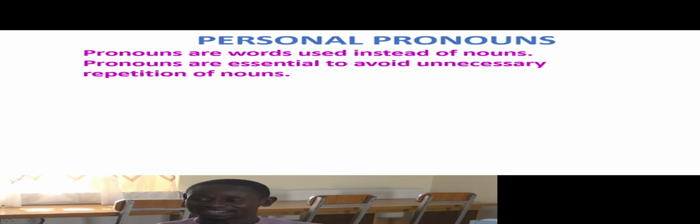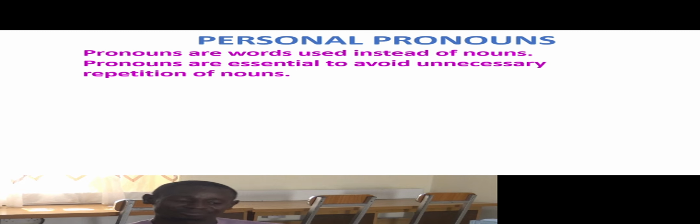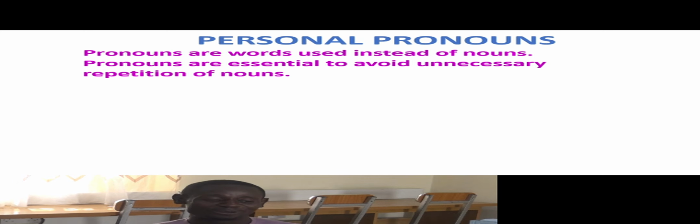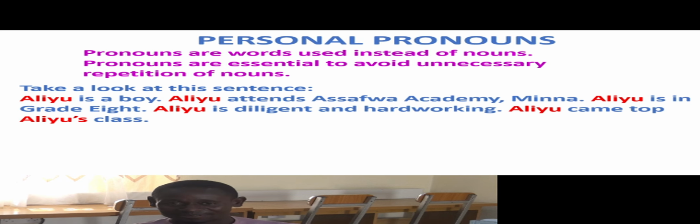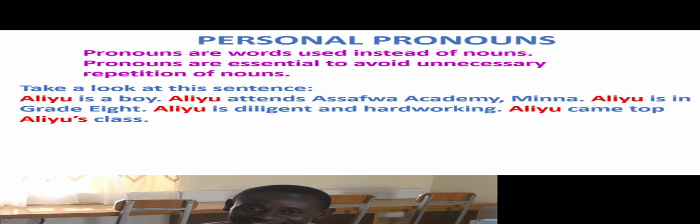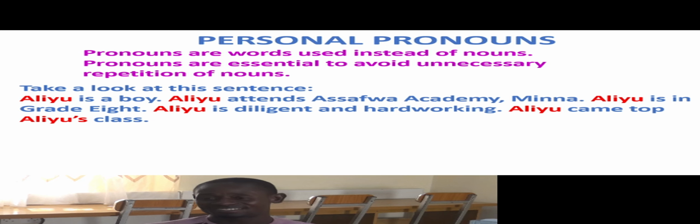Now, let's take a look at this sentence. Aliu is a boy. Aliu attends Asafo Academy, Minna. Aliu is in grade 8. Aliu is diligent and hardworking. Aliu came top in Aliu's class.